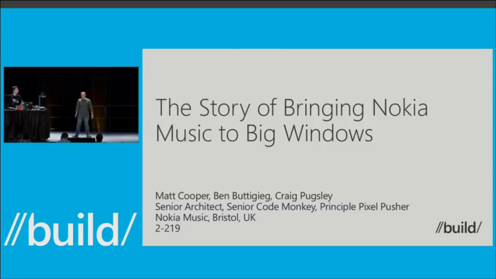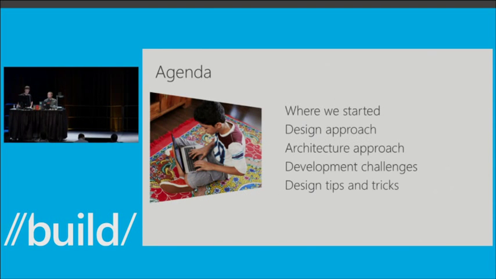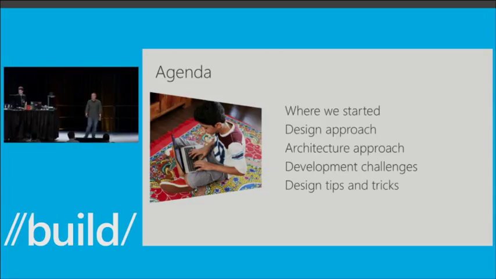We are going to be covering where we started. So this is how we got going with the whole process, before we even picked up a pen or wrote a single line of code. We're then going to talk about the design approach and how we approached the whole porting exercise.